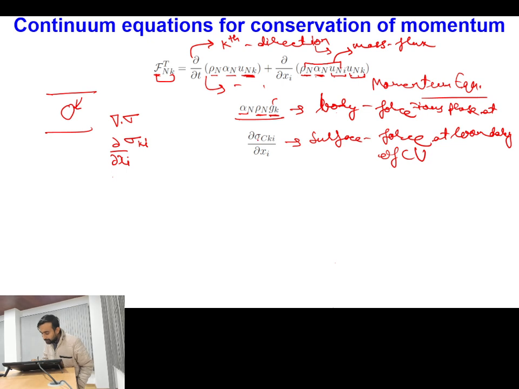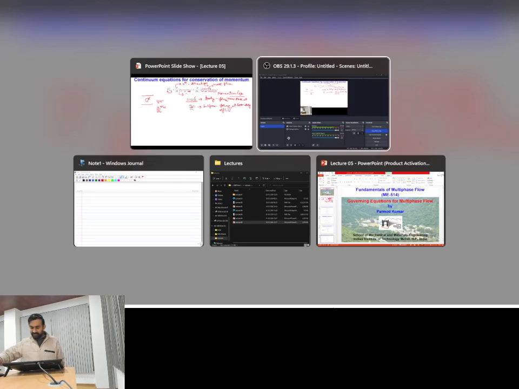That's why I am writing this sigma as sigma_C, so del by del x_i of sigma_C,ki. I write sigma_C because of the assumption I just told you. Is this one clear? Now, we will discuss further in the next class.